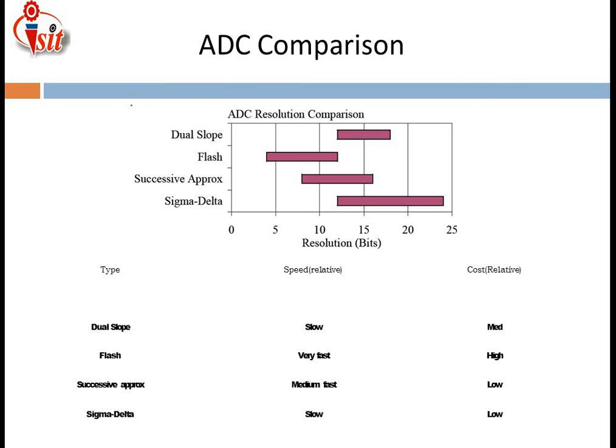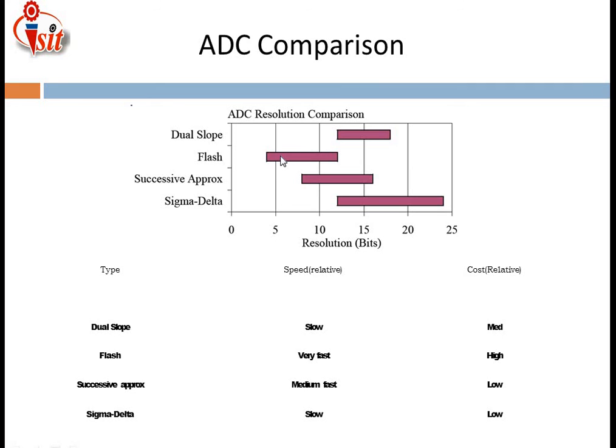In the analog to digital resolution comparison of dual slope, flash type, successive approximation and sigma delta, just see over here the resolution bits these types of ADC have.